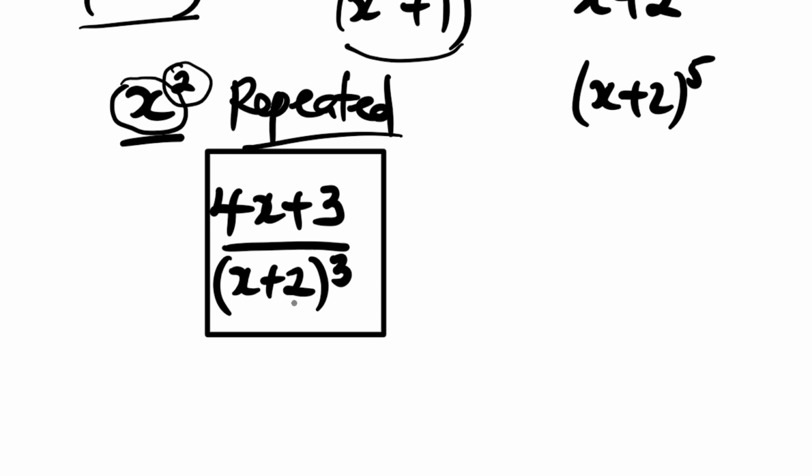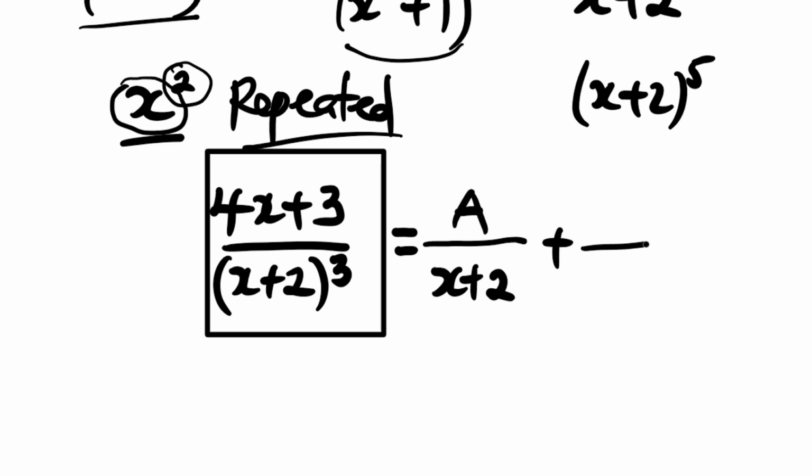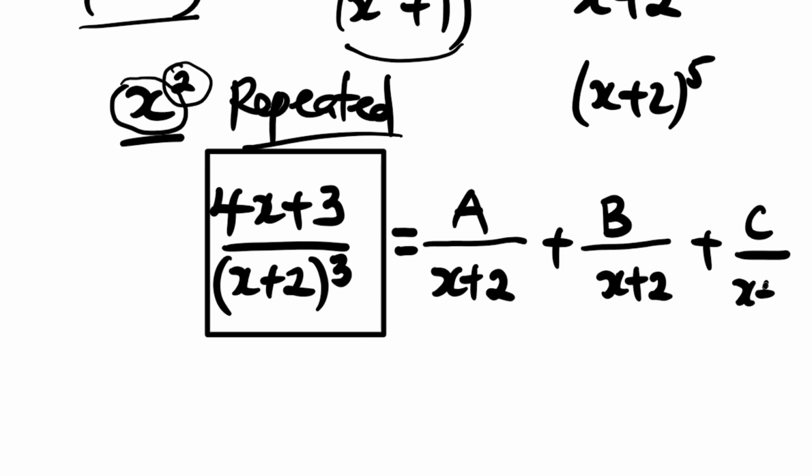So what we do is that there is a different approach to how we equate. We equate it in such a way that you distribute the linear factor x plus 2 at the denominator, because at the basic level these are linear factors, right? Linear factors have just a constant at the top. That will be A over x plus 2, plus B over x plus 2 again, plus C over x plus 2 again.